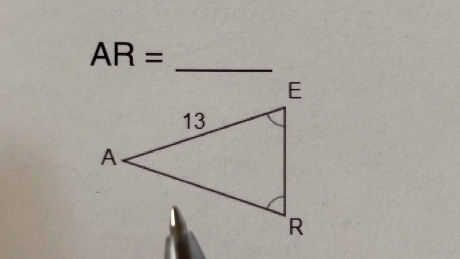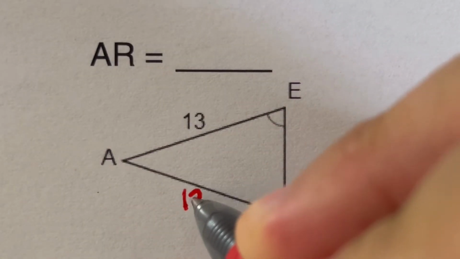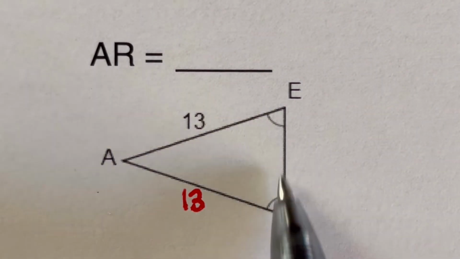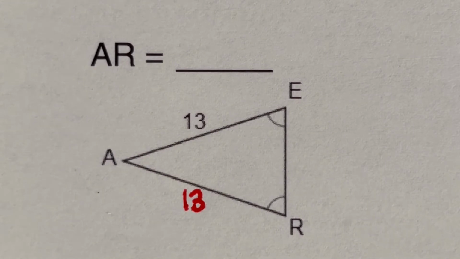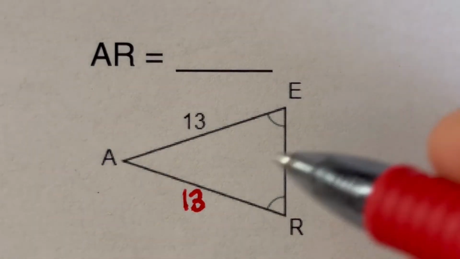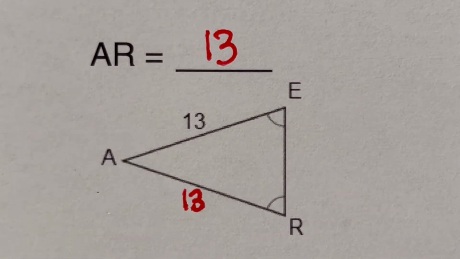So our measure for AR would also be 13, because again, these two angles are congruent, so the sides opposite from them would also be congruent. So we can say that our AR is 13. Now let's move on to the next example.